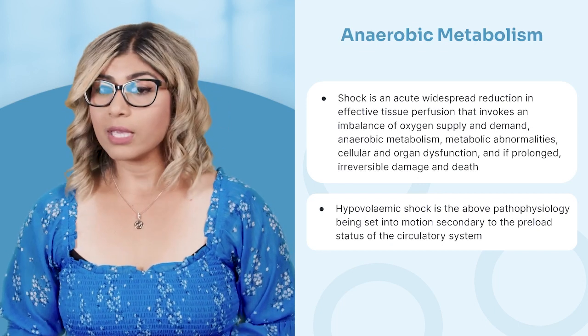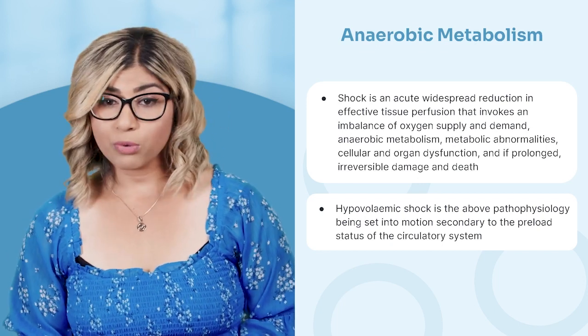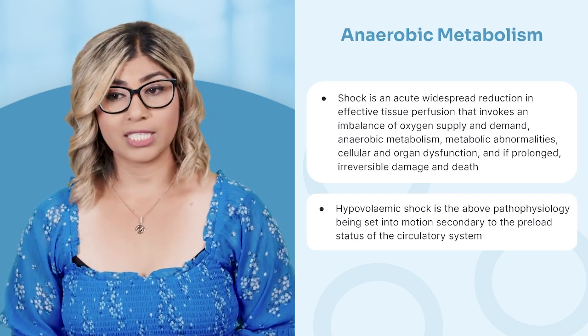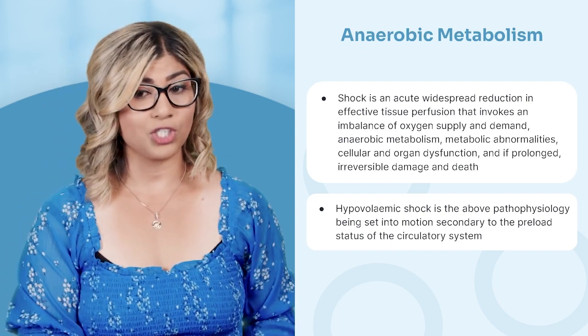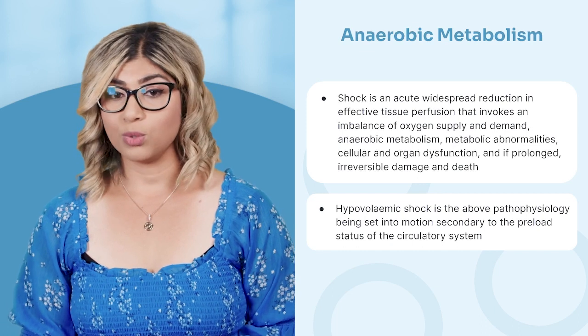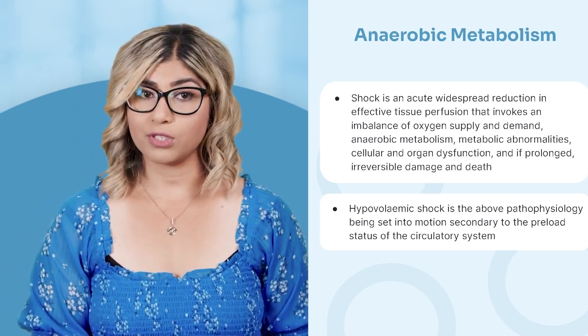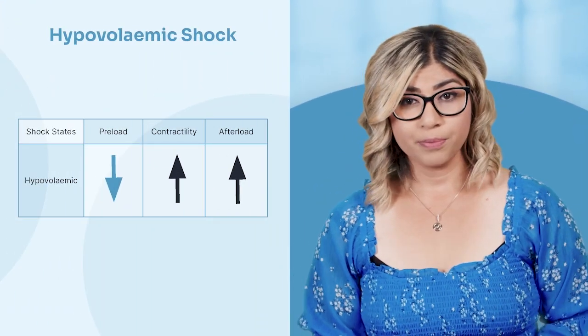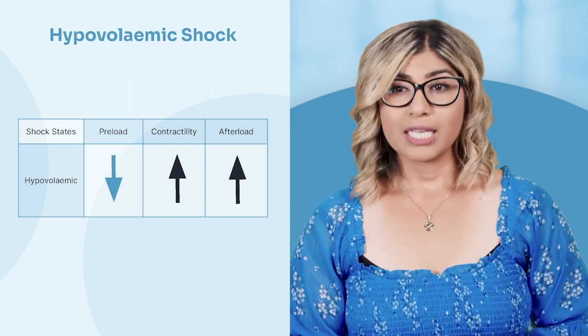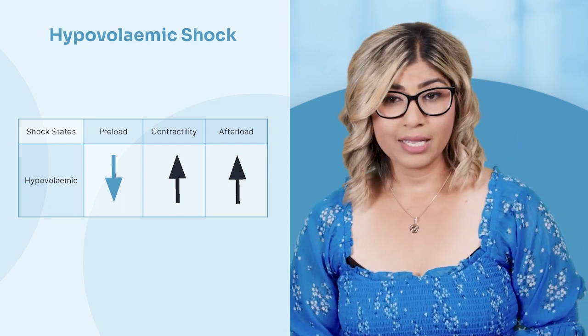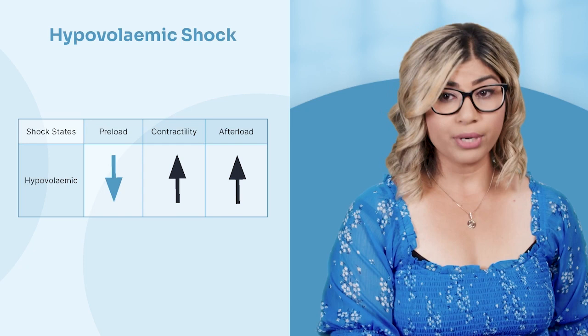If you would like further information related to what is preload and its relationship with contractility and afterload in different states of shock, please refer to part 2 of this lecture series, the relationship between preload, contractility, and afterload. To recap from part 2, hypovolemic shock is due to an empty tank, making the primary problem preload.